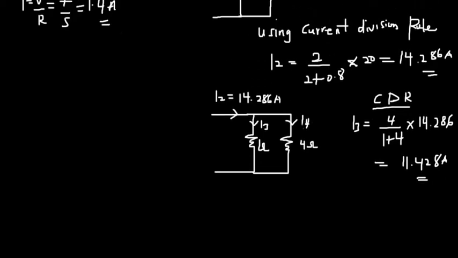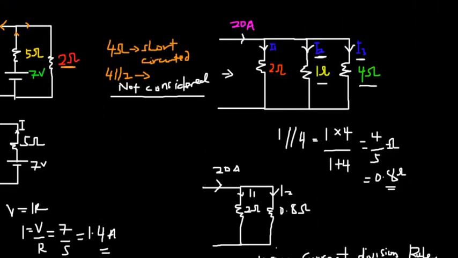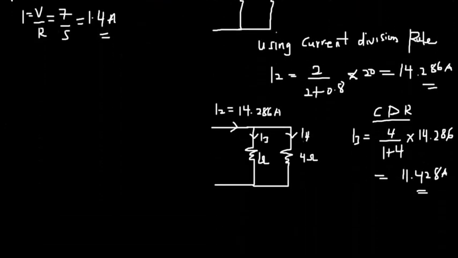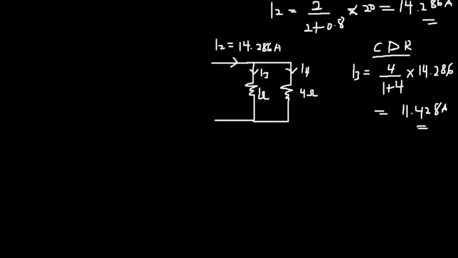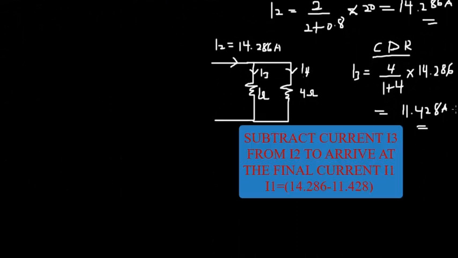The main question, sorry I didn't state that, is to find the current passing through this 2 ohm resistor. That's how we got to do our main calculation. Now let's find that current.